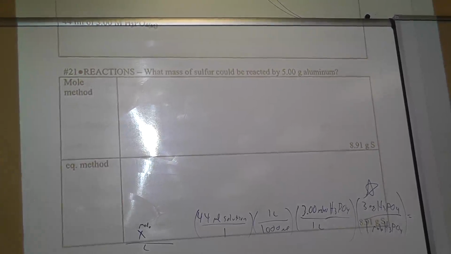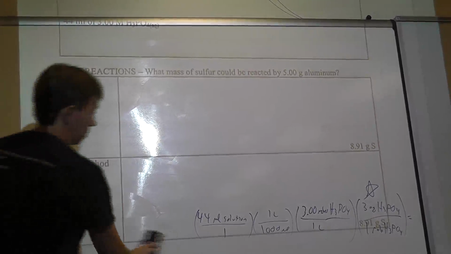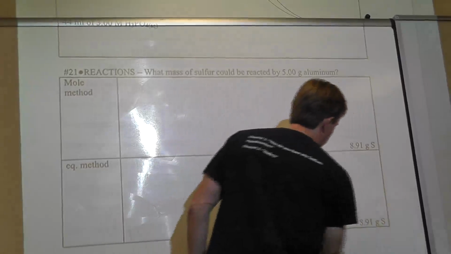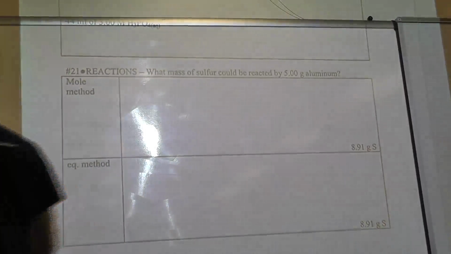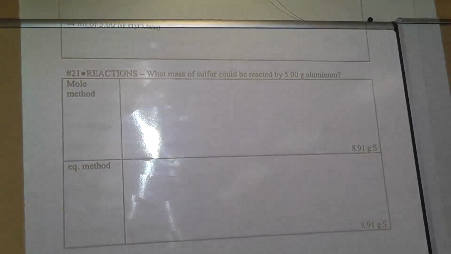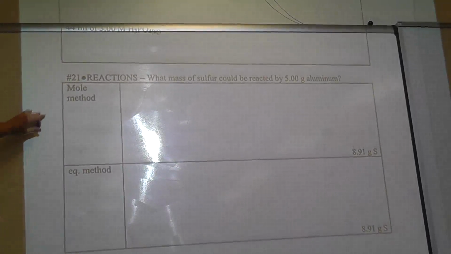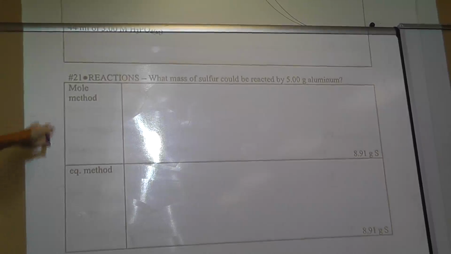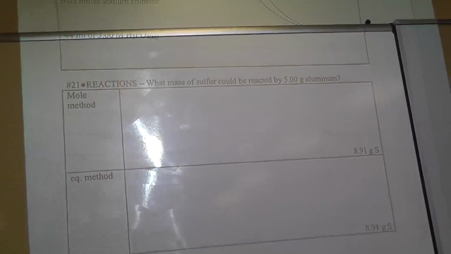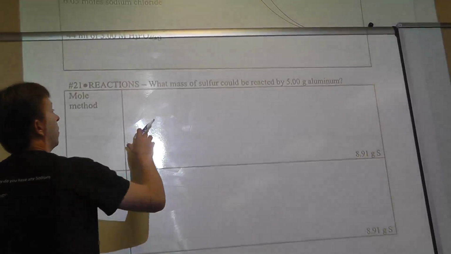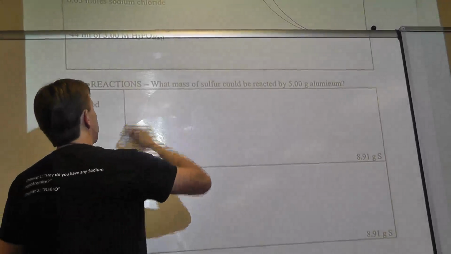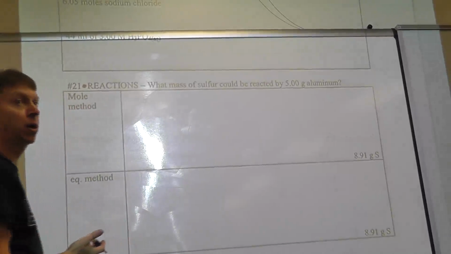All right. So this is our first reaction-based one. What mass of sulfur could be reacted by 5 grams of aluminum? I'm going to work this out the mole method like we did in chapter 8, and then separately by equivalents. If we were going by moles, then the first thing you'd have to do is come up with a balanced equation.